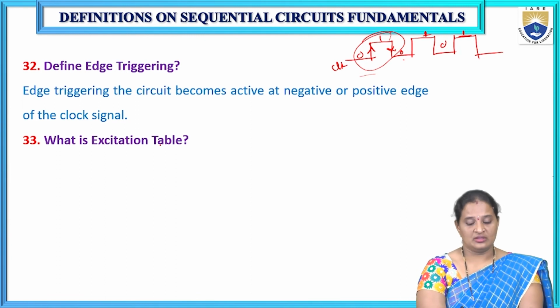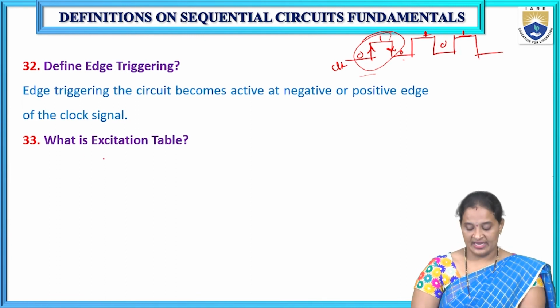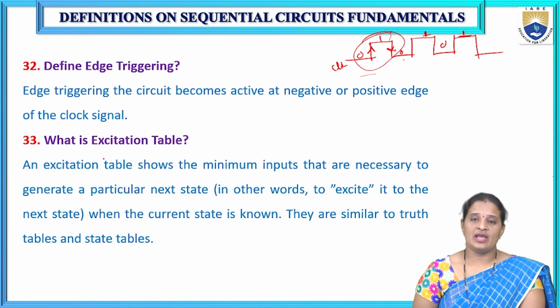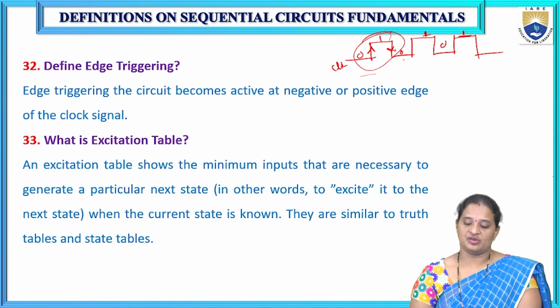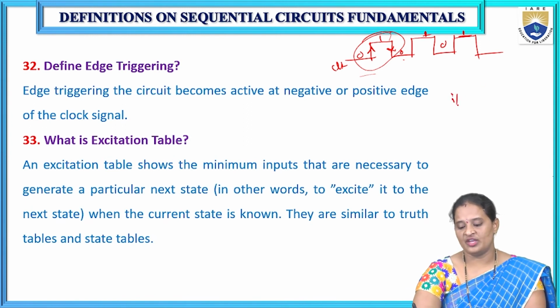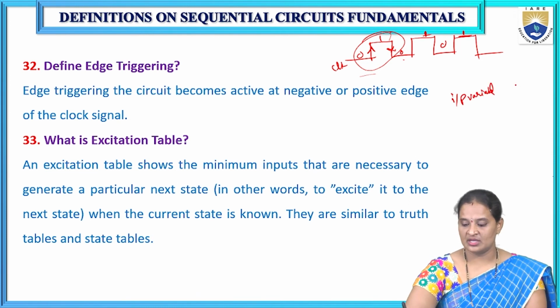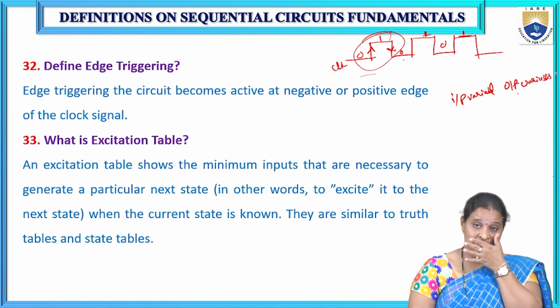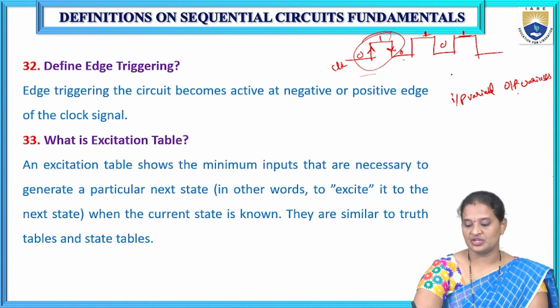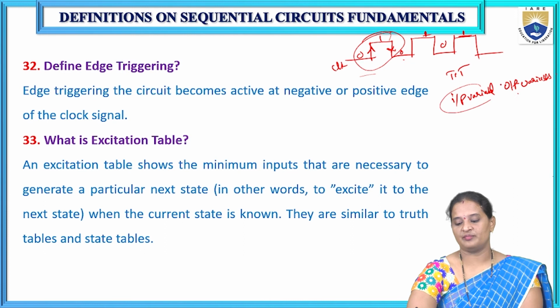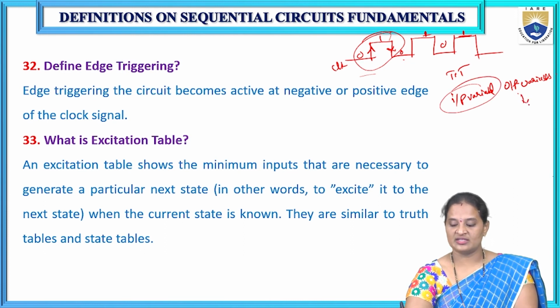Now, coming to the next one, what is an excitation table? We all have studied the truth table and the excitation table. In the case of a truth table, we know the input variables and we analyze the output variable values.